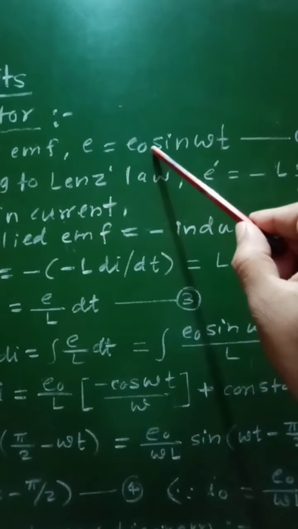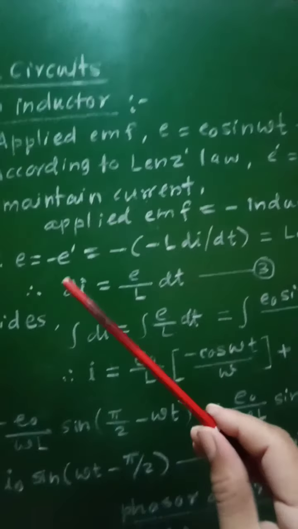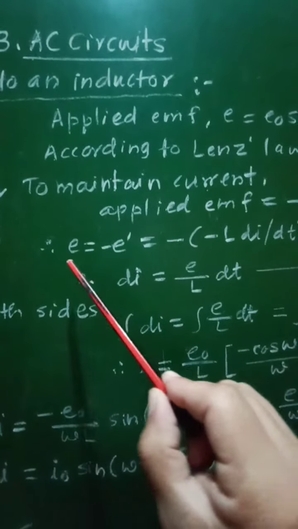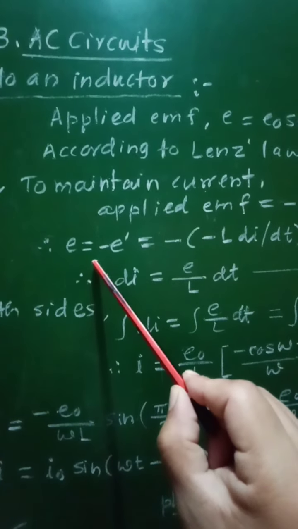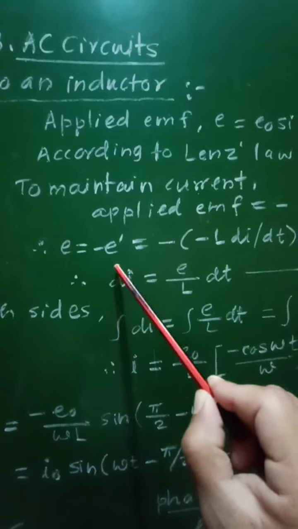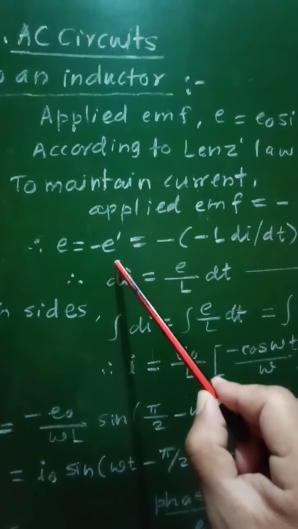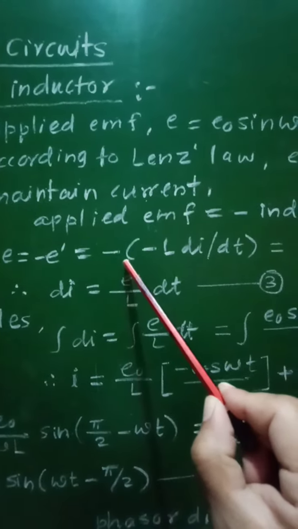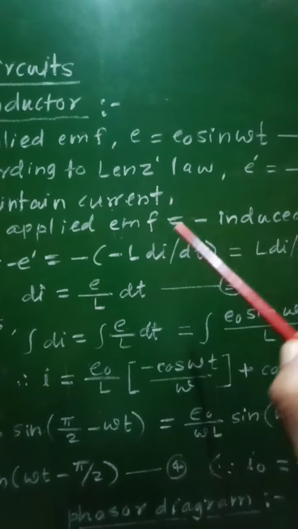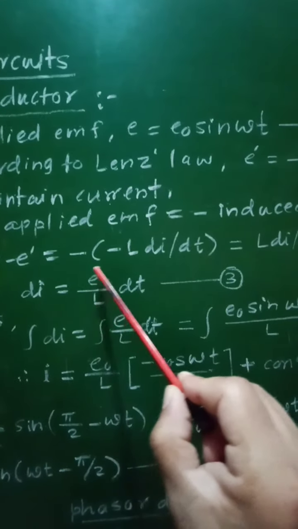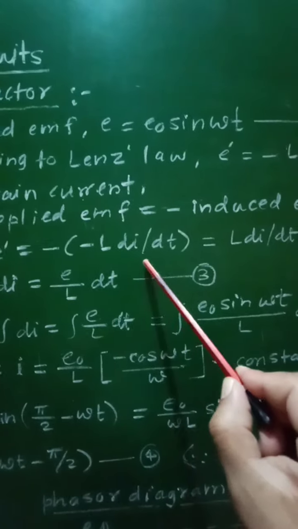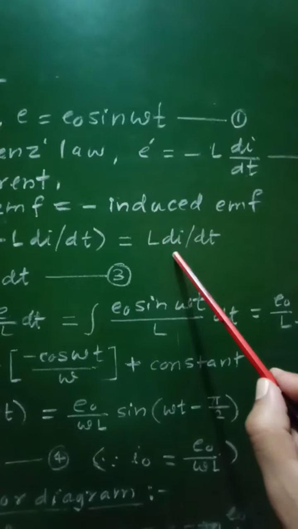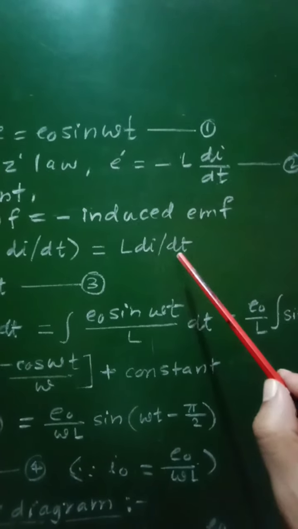Therefore from the first and second equations we can write E is equal to minus E dash, that is, the applied EMF is equal and opposite to the induced EMF. That is, minus E dash is minus L di by dt, the minus will become plus, and therefore we get E equal to L di by dt.